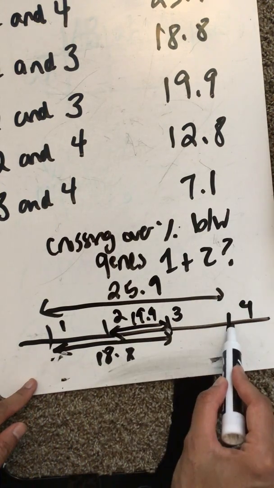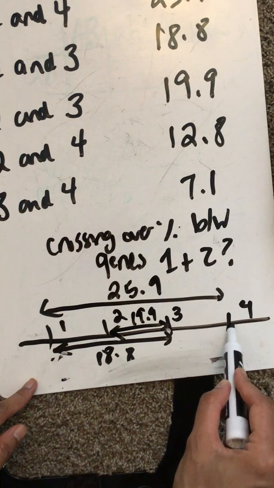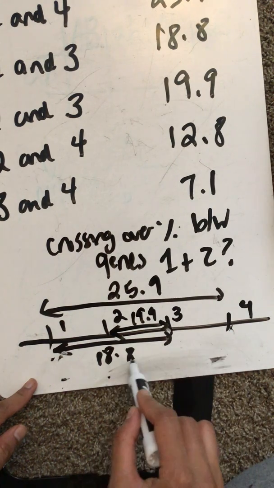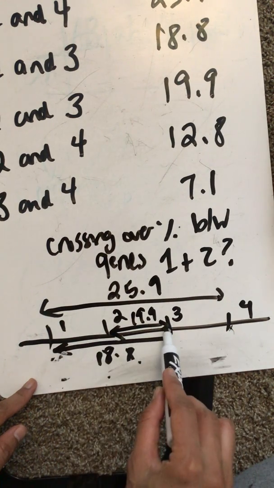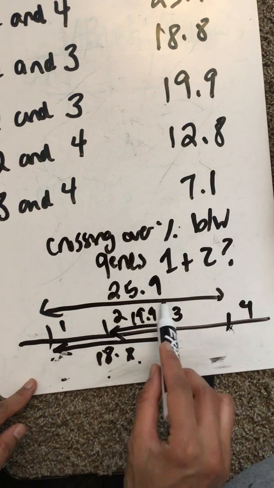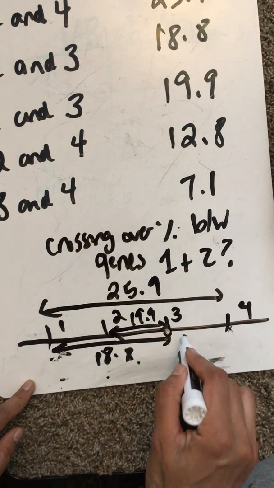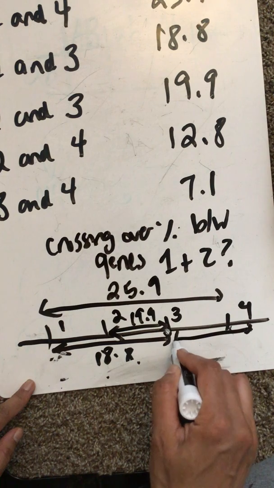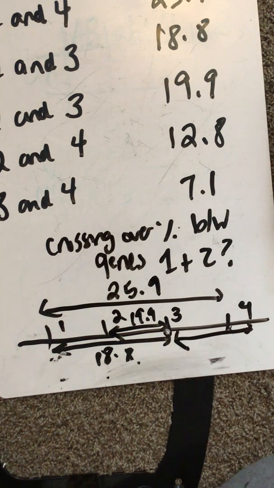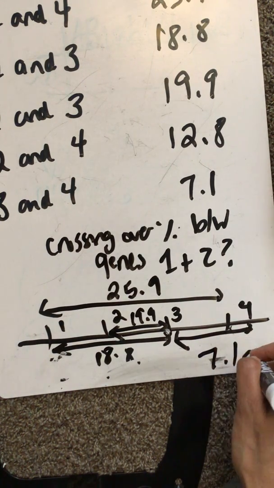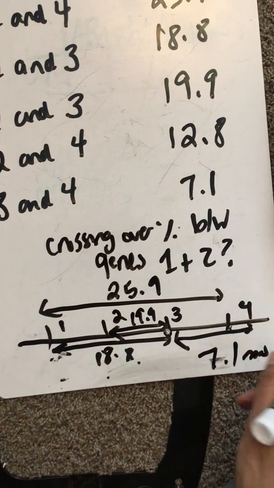Because 1 and 4 are 25.9, and this is 18.8 between 1 and 3. In order for this to equal 25.9, 3 and 4 have to be 25.9 minus 18.8, which is 7.1 map units, 3 and 4.